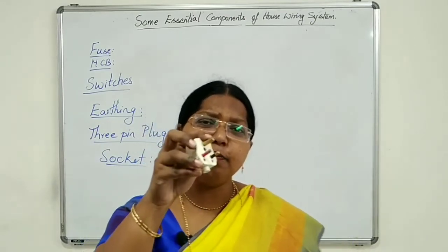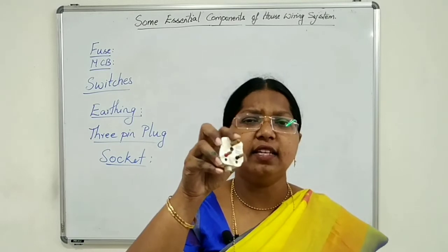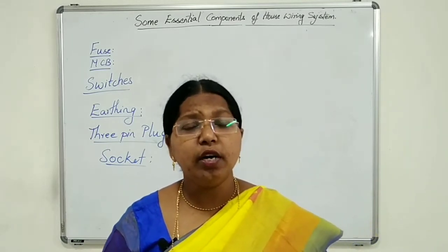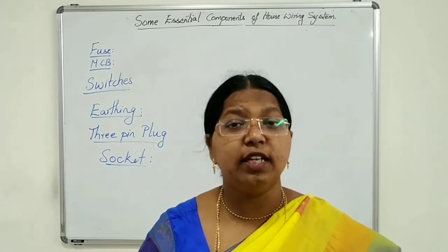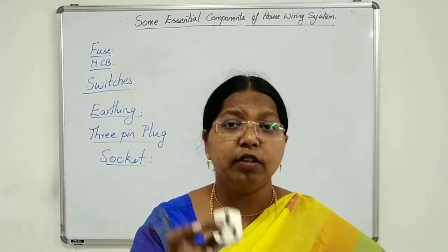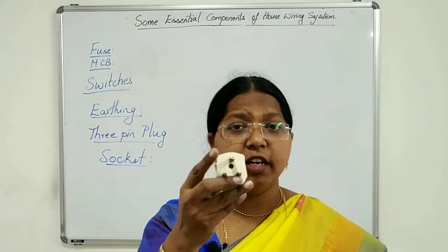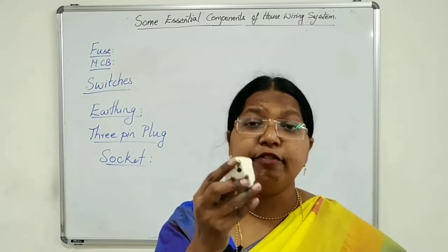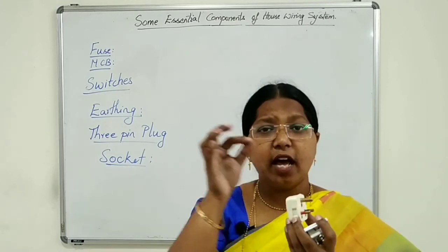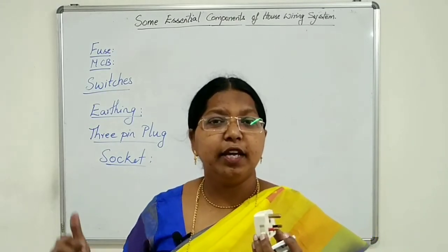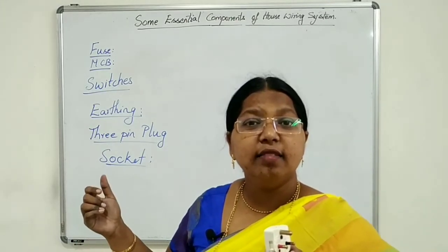So why is this earth pin made longer and thicker? It is made longer to make the connection first, before the live gets connected. It will connect first to the terminal, and if any excess current is there in the electric circuit, it is sent down to the earth by using this local earthing.